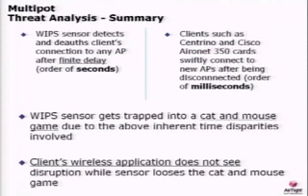So obviously what we are looking at in the case of Multipot is a scenario wherein the WIP sensor gets trapped into a cat and mouse game with the client, and given the above timing disparities, it is always the client which is going to win this cat and mouse game. As a result, in case of Multipot, the client's wireless application continues to work with minimal disruption even in presence of a deauthentication based session containment.